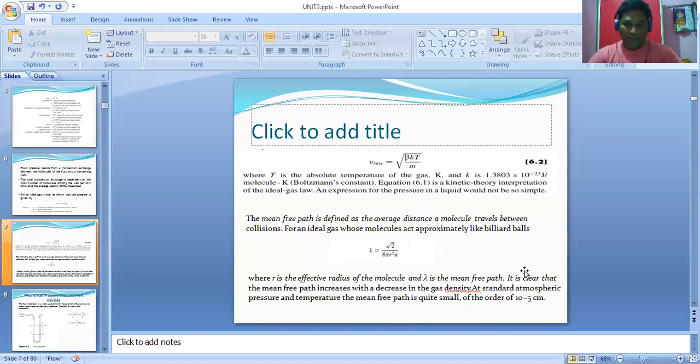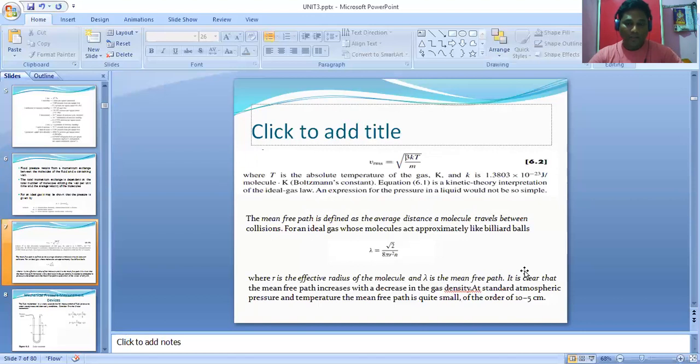Okay, that is root 2 divided by 8 by r square n.